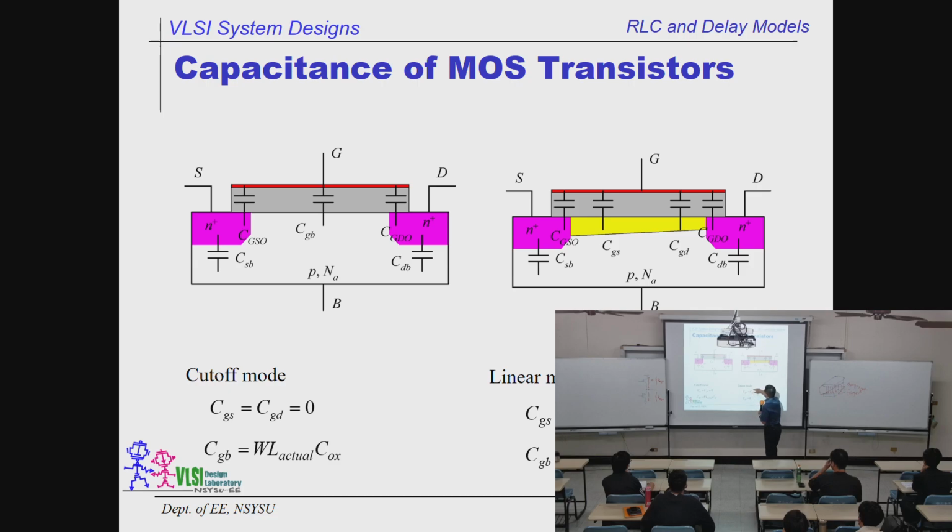For the linear mode, that means we have a channel already, so the CGS and CGD are equal to half of this CGB over there. But because the channel is on, there is no CGB, it becomes 0. So different modes give you different capacitances.